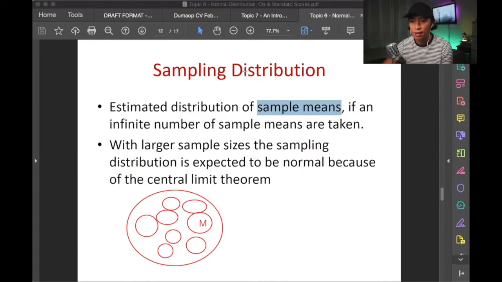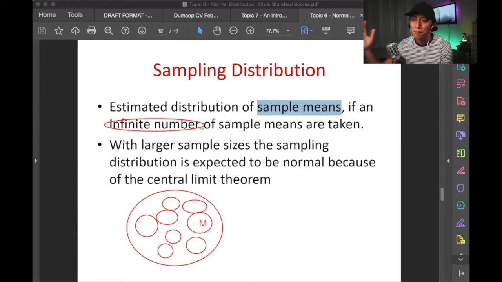And that is what you refer to as a sampling distribution. There is a caveat: if an infinite number of sample means were taken. So what do we mean by infinite number? Hypothetically, if I draw an endless number of sample means, which of course is impossible, right?